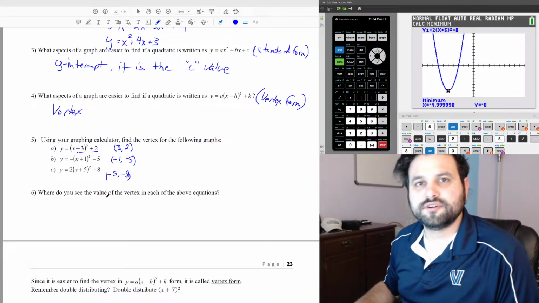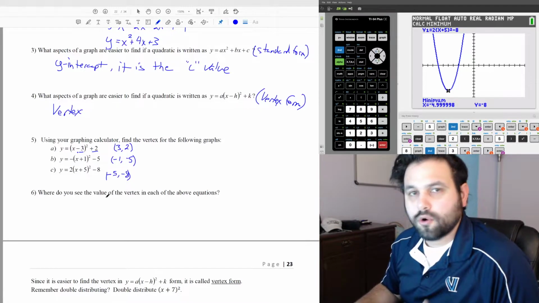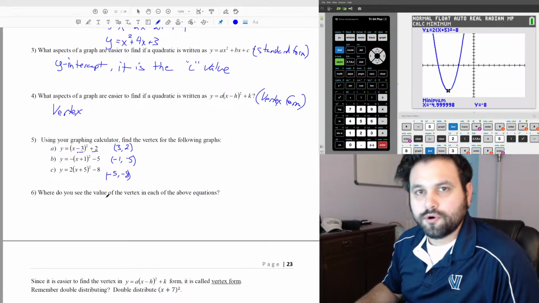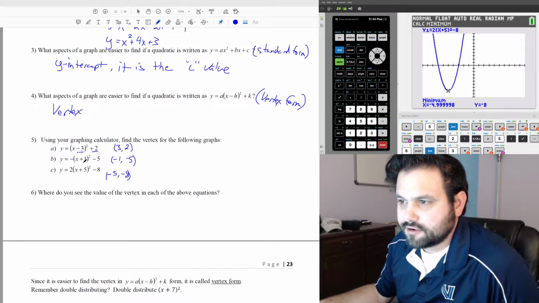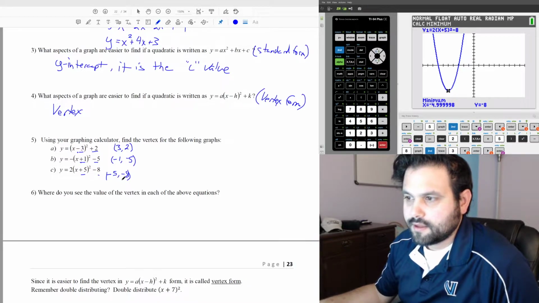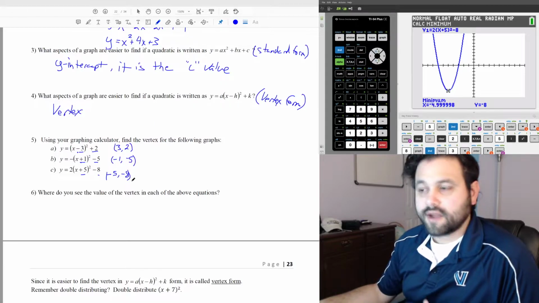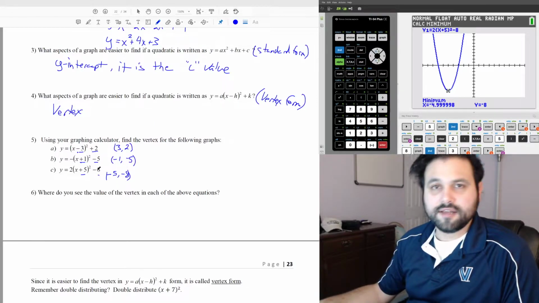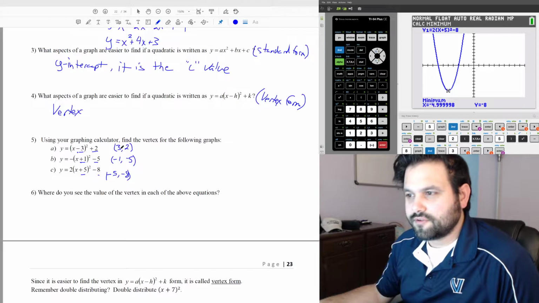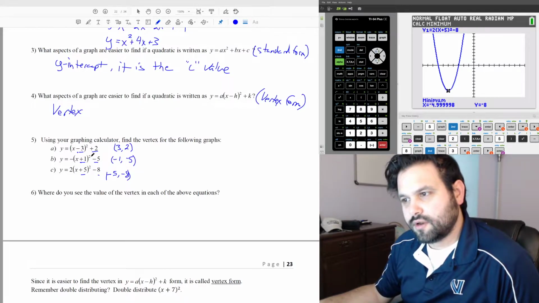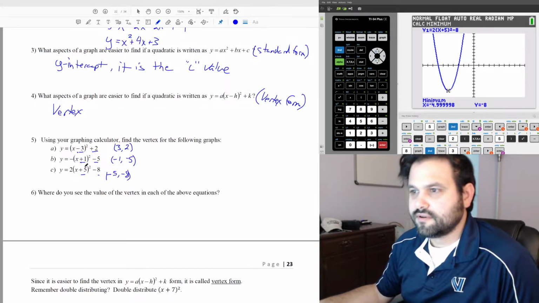So, where do we see these vertex values, the coordinate points, in this form? I kind of started underlining these, right? So it looks like this y coordinate, 2, -5, -8. The y coordinate's pretty straightforward. It's that last value out there. The x coordinate, -3, +1, +5.